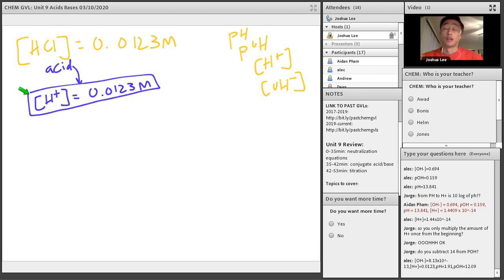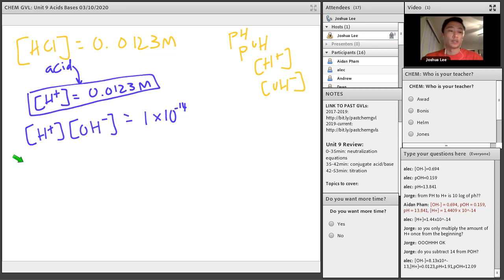Since hydrochloric acid is an acid, the concentration of the acid will be the same as H plus. So you can just rewrite: H plus is 0.0123 molar. From there, we have two different options. I'll go all the opposite directions we went on the last problem, so you guys could see the different ways. I know the relationship between H plus and OH minus is if I multiply them, it equals 1 times 10 to the negative 14.